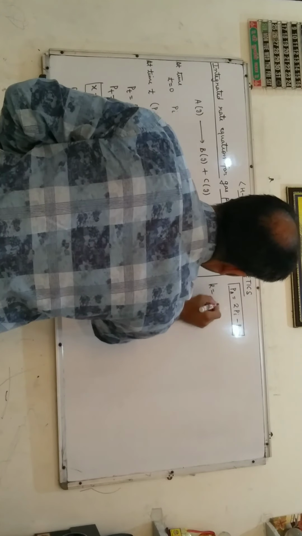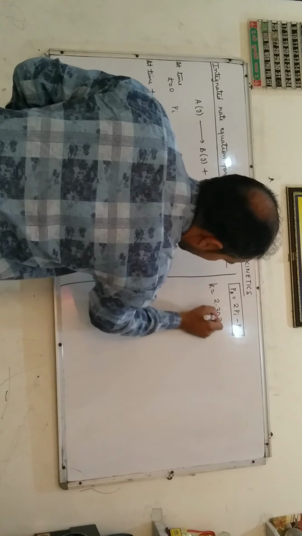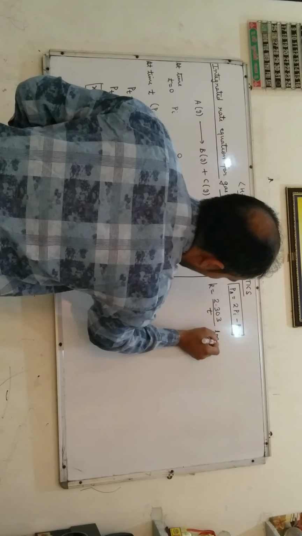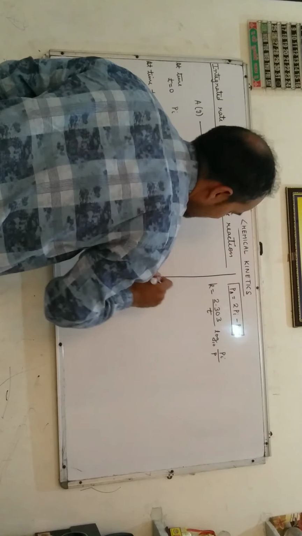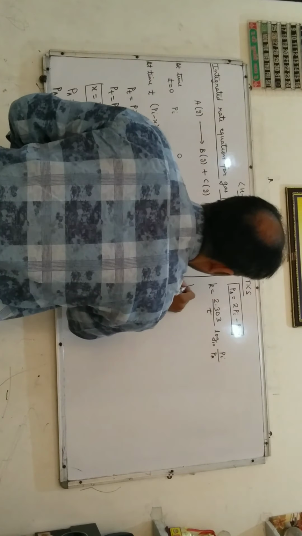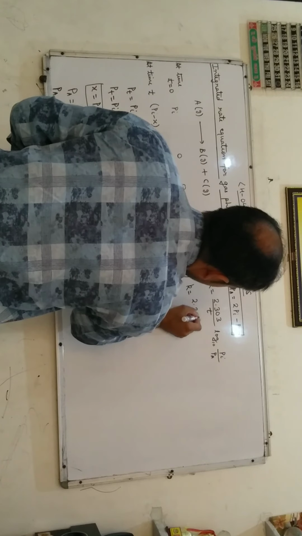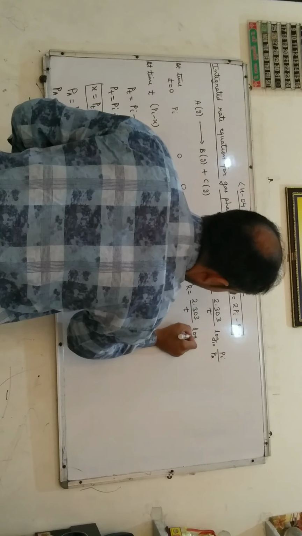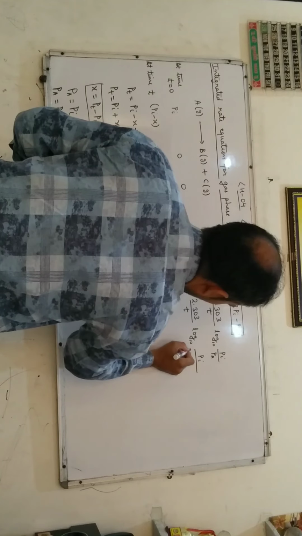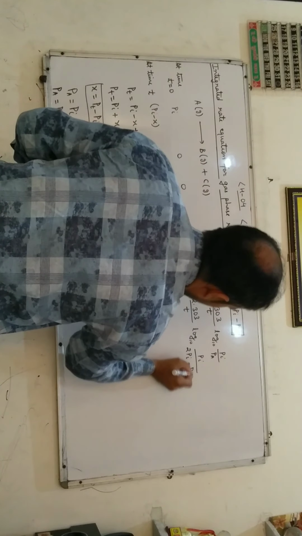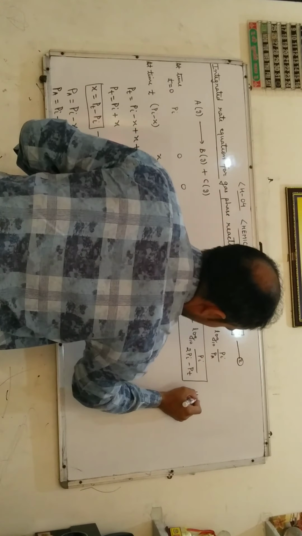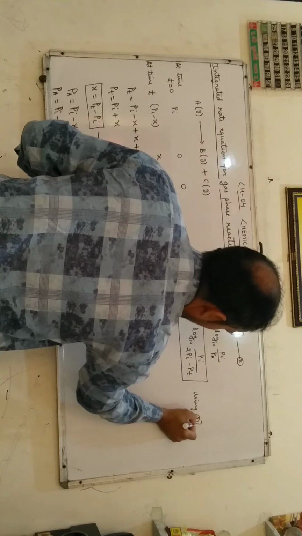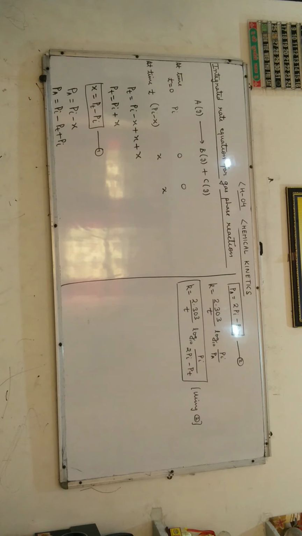We have the equation k is equal to 2.303 upon t log base 10 initial pressure upon final pressure, that is k is equal to 2.303 upon t log base 10 Pi upon twice of Pi minus Pt, using this. So that is the integrated rate equation for gas phase reaction.